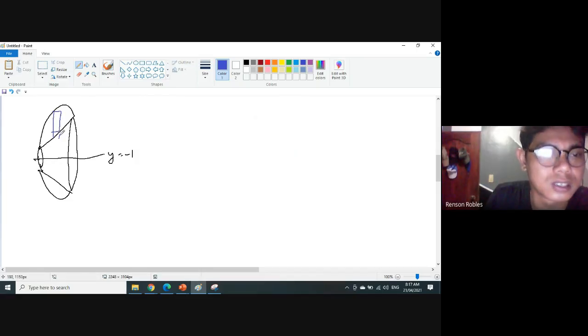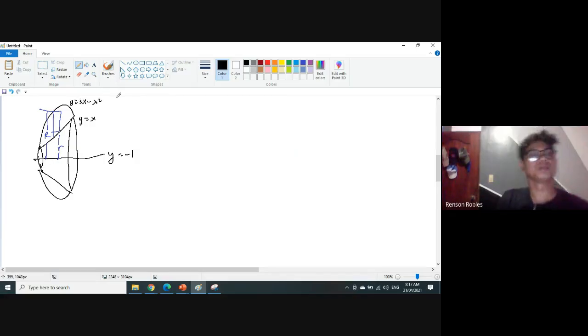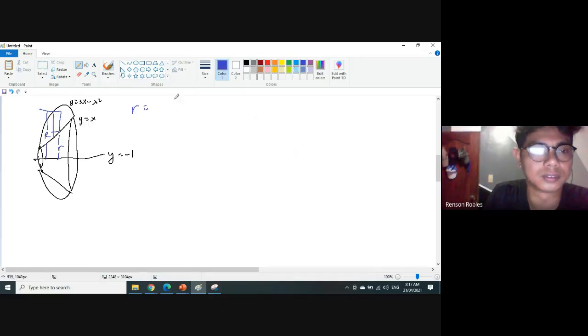Okay. So, this is your small r, and this is your capital R. Again, this is the line y equals x, and this is the line y equals 3x minus x squared. Right. So, what is your small r? x plus 1.